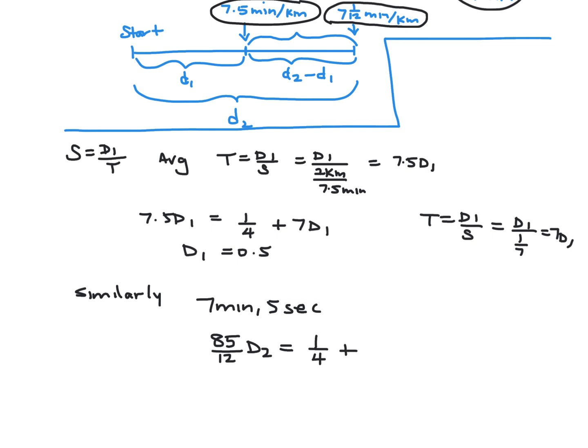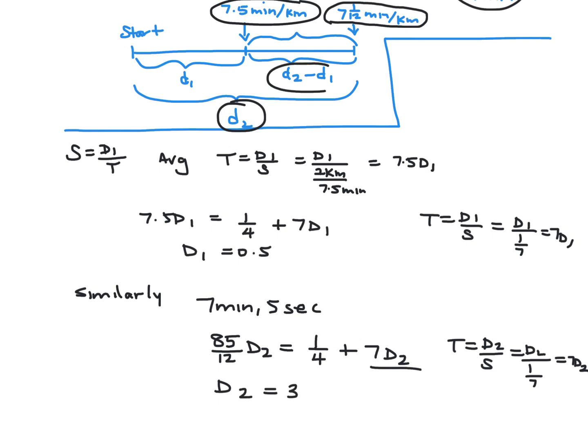And then the entire time that she runs, this whole d2 would be 7d2. Because time is d2 over speed. And then the speed, if you use it as kilometers per minute, would be 1 kilometer per 7 minutes. And that would be 7d2. So that's how I get that 7d2. And when you solve for this, d2 is equal to 3.